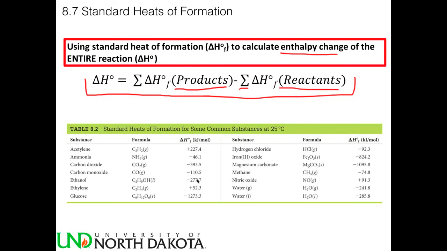So we're taking products minus reactants. And then what you would need to do is, for every reactant or product, find those compounds in table 8.2 or appendix B in your textbook, or these values would be given to you on the exam, and then plug.